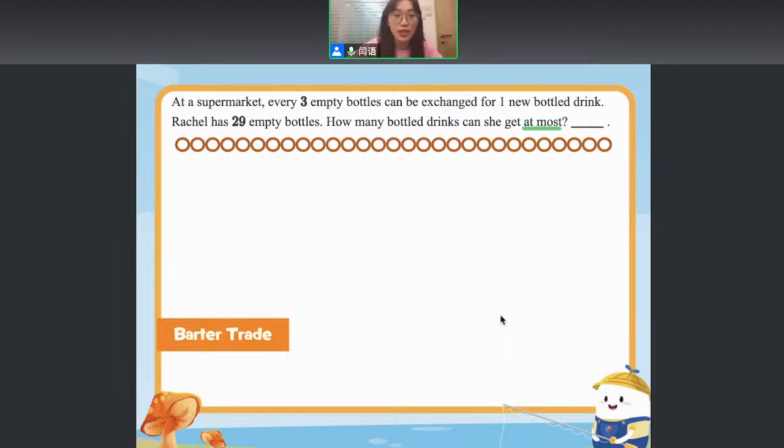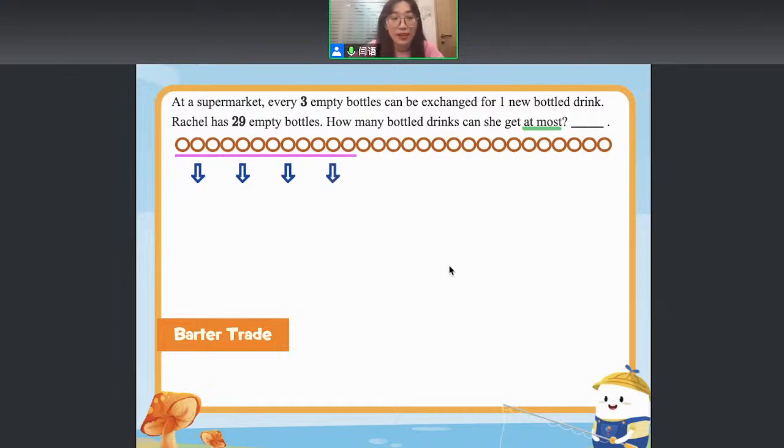Every 3 empty bottles, you can get 1 new bottle drink. So we just use the circle to represent empty bottles. We use these small hollow circles to represent empty bottles.